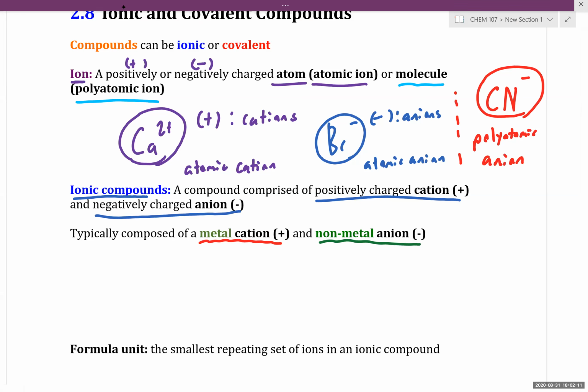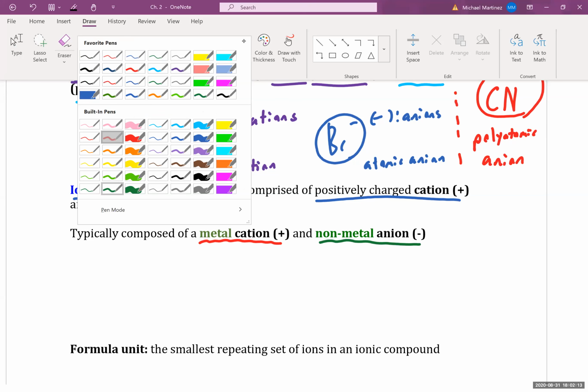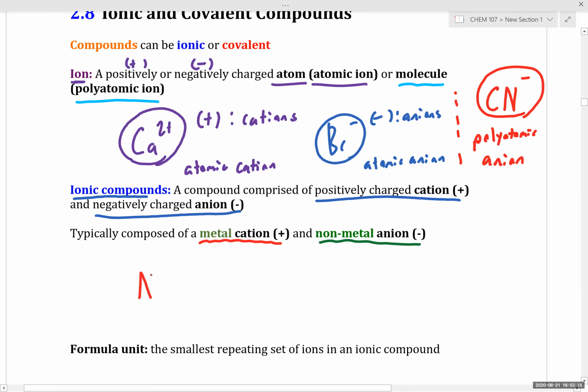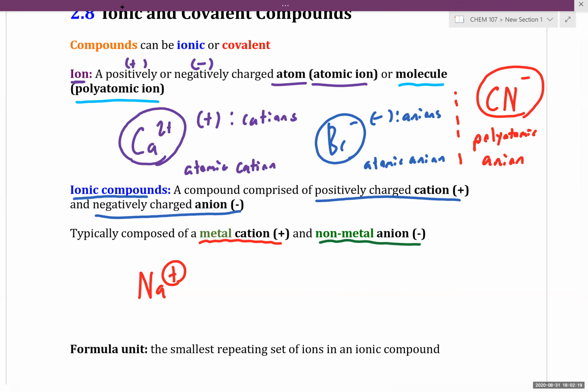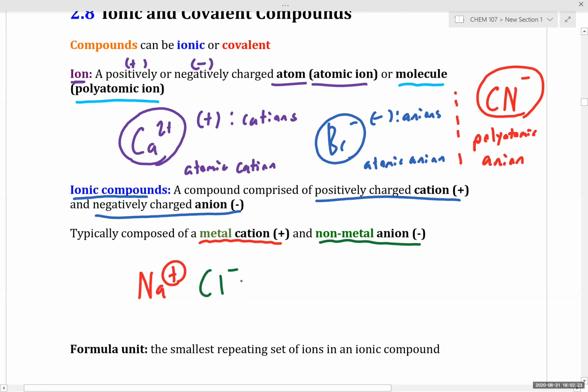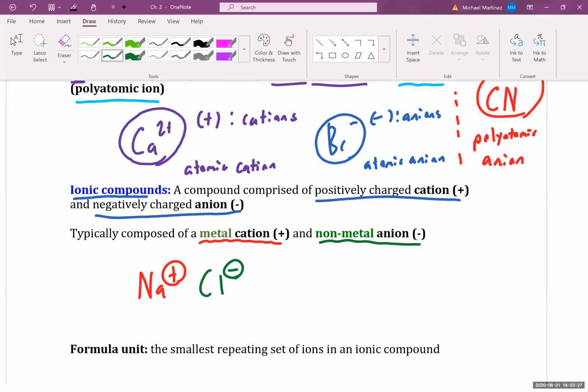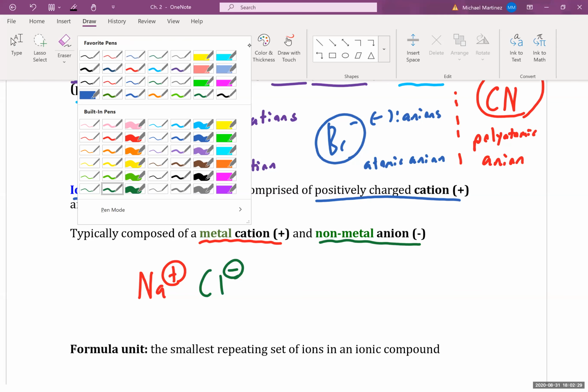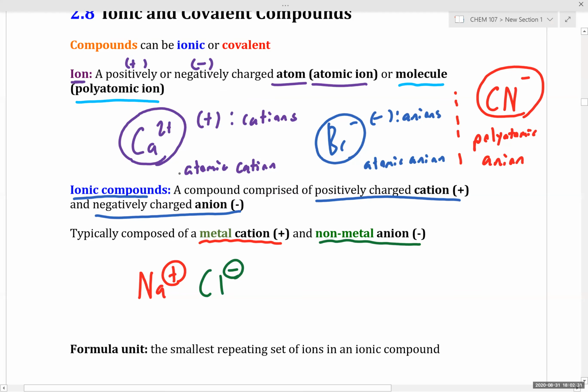So an example of this would be sodium chloride, where we have our metal cation, and for chloride, we have our non-metal anion. So sodium chloride is a textbook ionic compound.